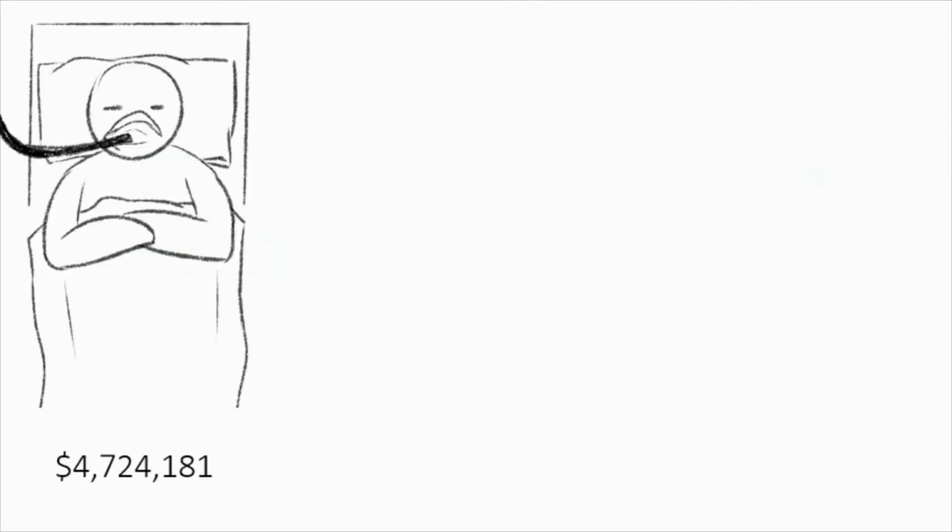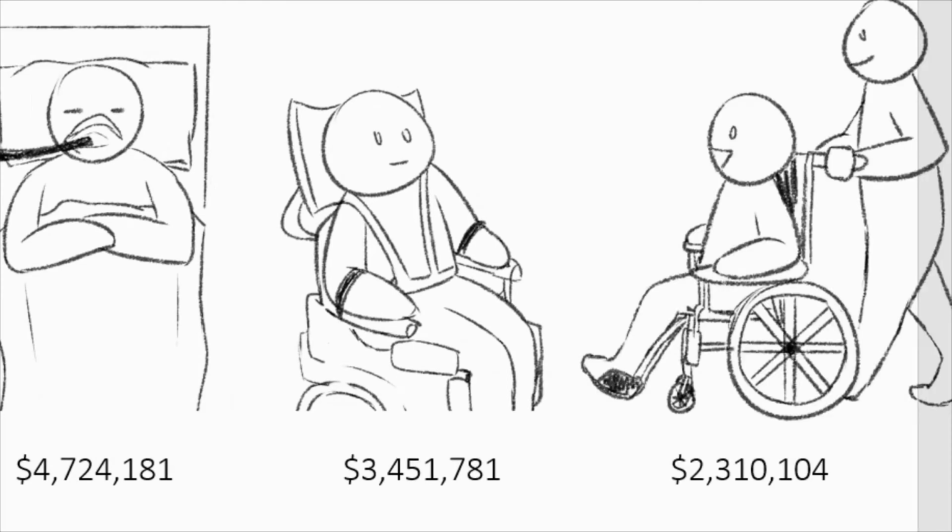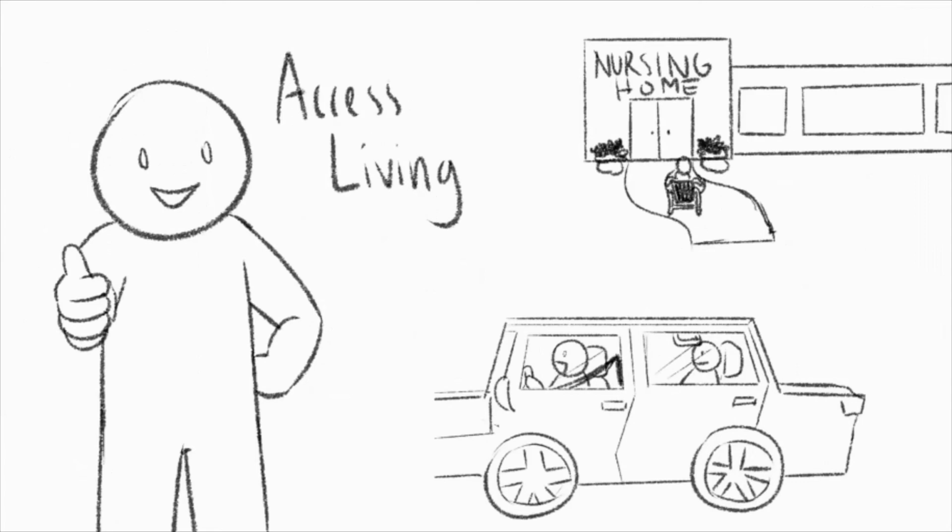In a lifetime, people with high quadriplegia are said to pay $4,724,181. Low quadriplegia is $3,451,781, and paraplegia $2,310,104.